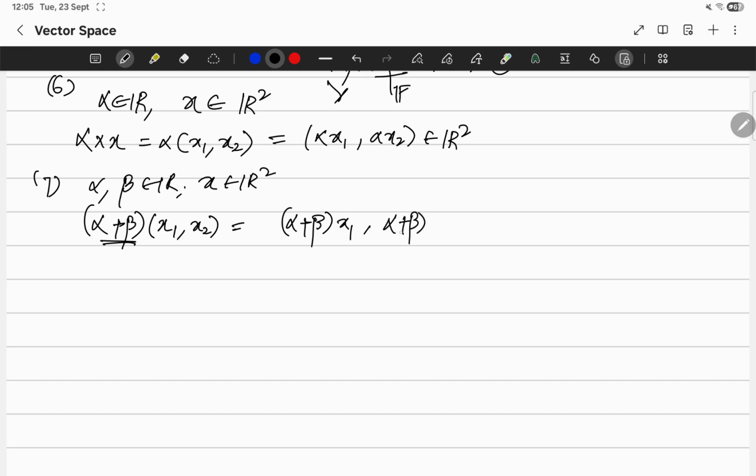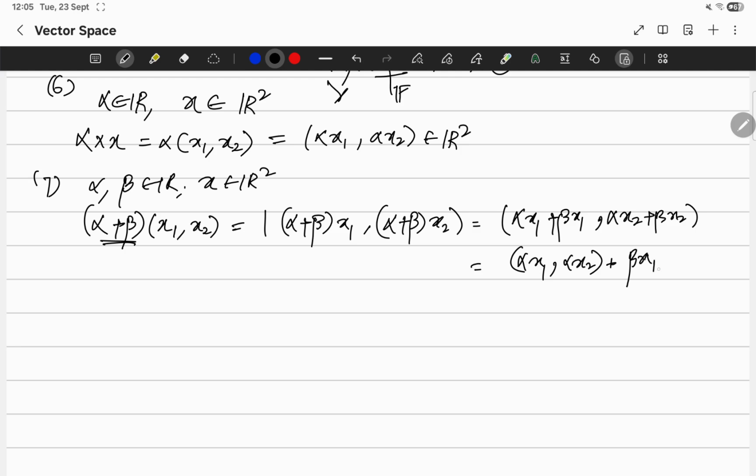So it will be equal to (alpha x1 plus beta x1, alpha x2 plus beta x2). So it is alpha (x1, x2) plus beta (x1, x2). (x1, x2) is your x, so it is alpha x plus beta x.